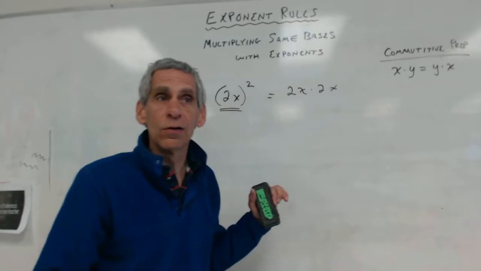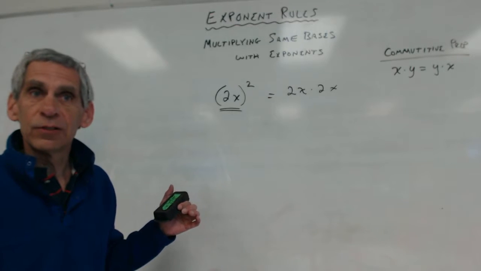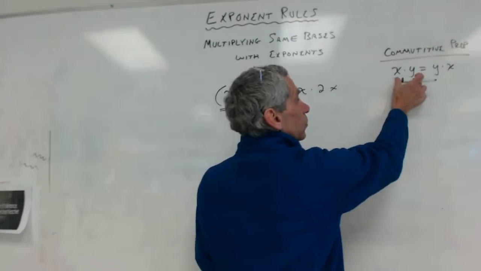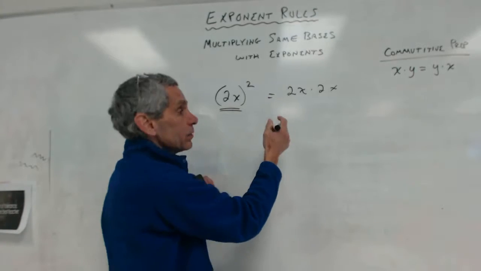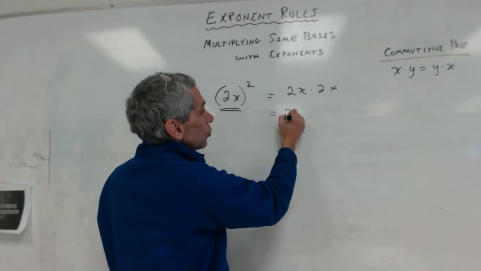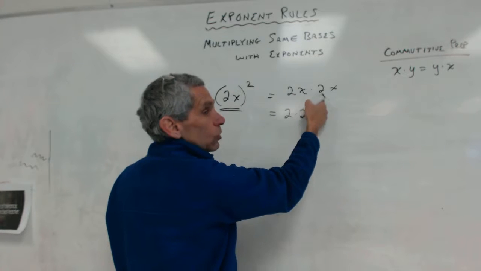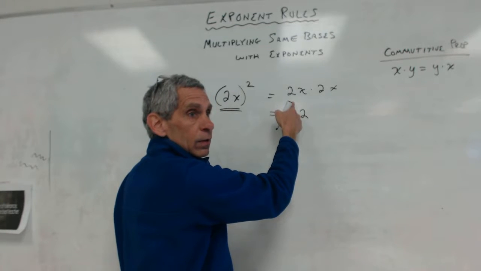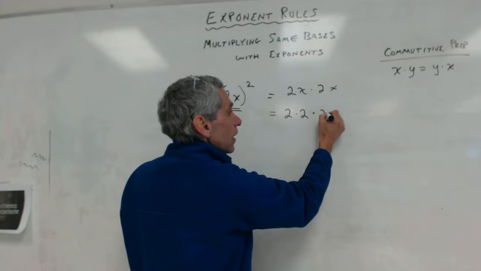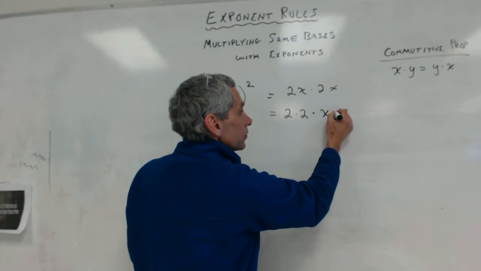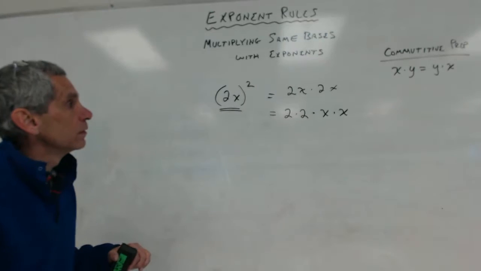It's totally legal to move them around. It doesn't matter which one I have first and which one second. So with a problem like this, I can put the two numbers together, 2 times 2, and then put the two variables together, times x times x.